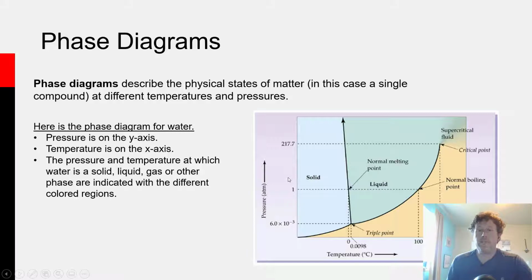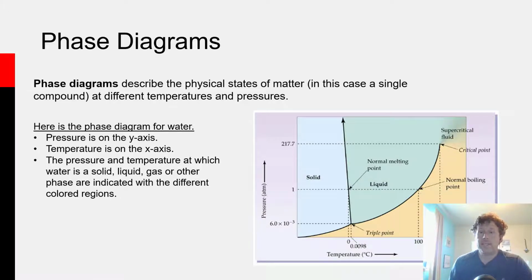The way you read a phase diagram is essentially to choose a pressure and temperature combination you're interested in, like 1 atmosphere of pressure and 100 degrees for water, which would be water's normal boiling point. And you plot that as a single dot on the phase diagram that corresponds to the temperature and pressure combination that you're interested in and see which phase of matter you land in under those conditions.